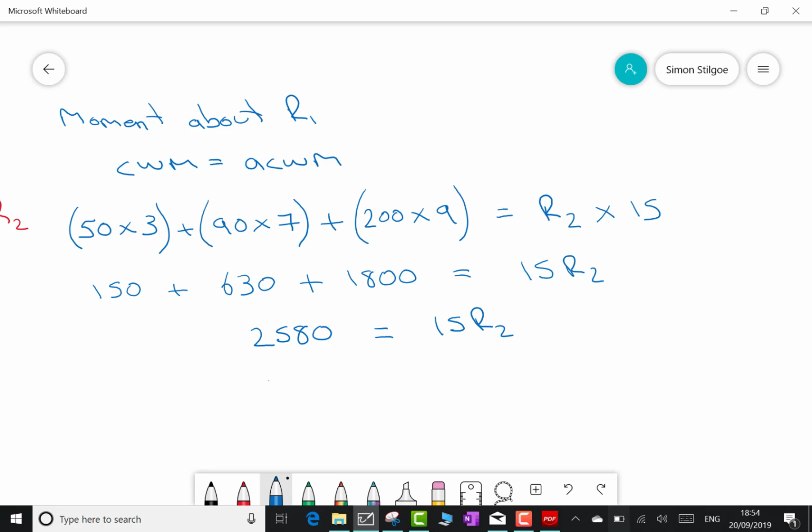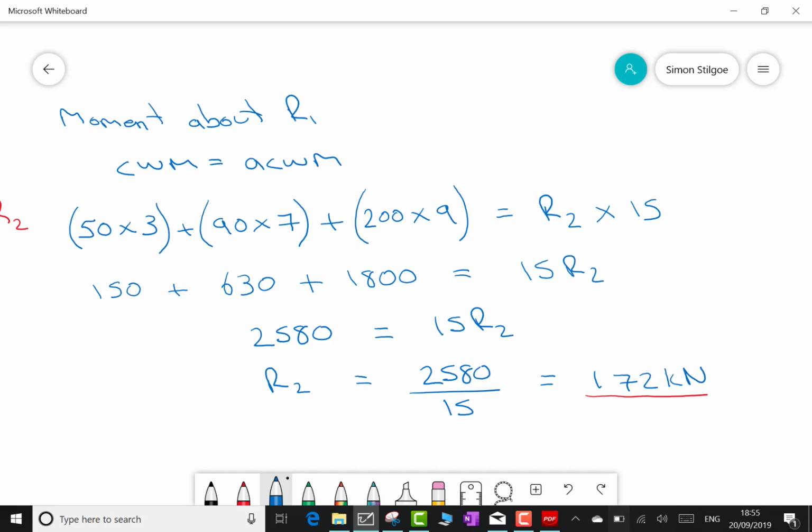We can now rearrange this for R2 is equal to 2580 divided by 15. That will now give me an answer of 172 kilonewtons. And there is my first reaction force at R2.